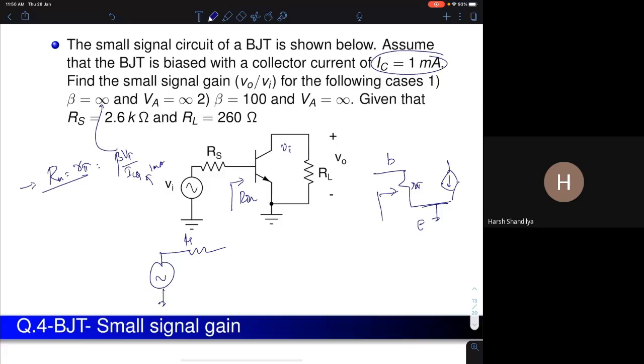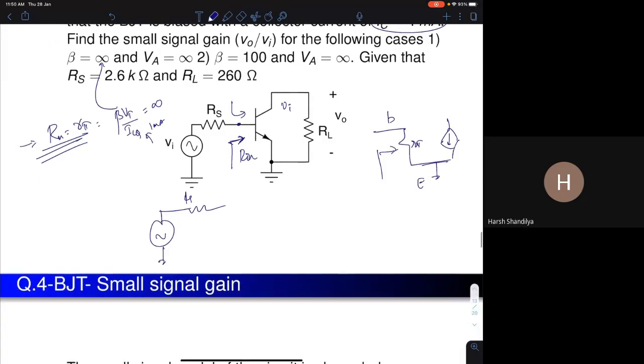Beta is infinity, so R pi is also infinity. So the input resistance is infinity. If the input resistance is infinity, this part is open circuit. This is V pi, this is Vi. So the current flowing through that is 0, which means the voltage here is also Vi. The same voltage will appear here. V pi is Vi. That's it.